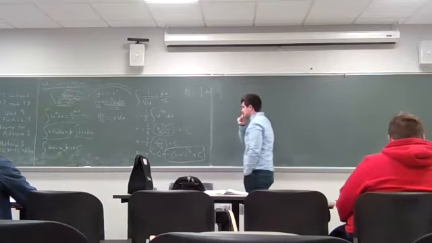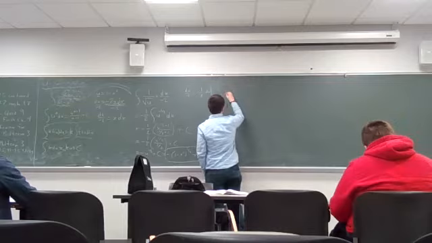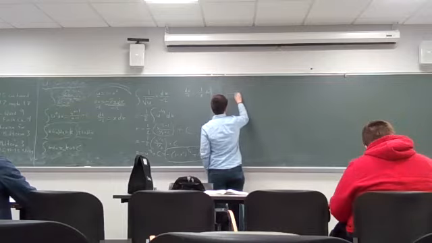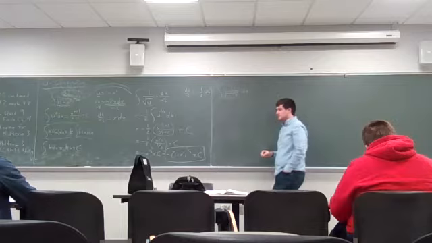So let's kind of address, because there's going to be situations where maybe the book gives an example like this, and it wants you to say what is the integral of this.